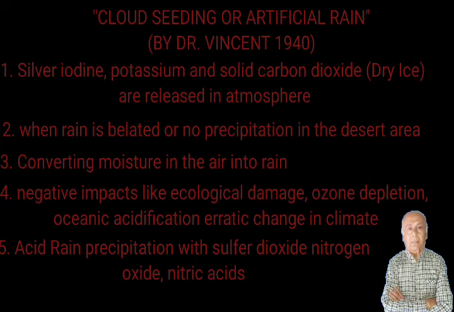So that is another threat of artificial rain or cloud seeding, that if the cloud contains too much acidic substances emitted from industries and volcanic eruptions and our traffic and all that, these clouds containing sulfur dioxide and nitrogen oxide, their rain will be known as acid rain.